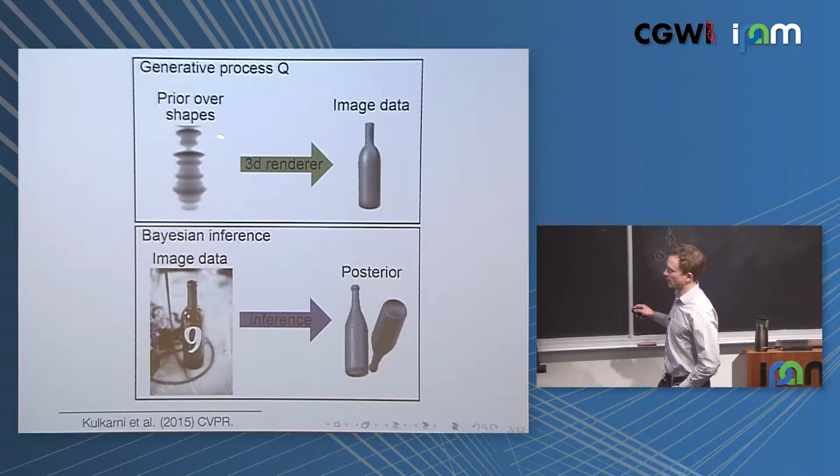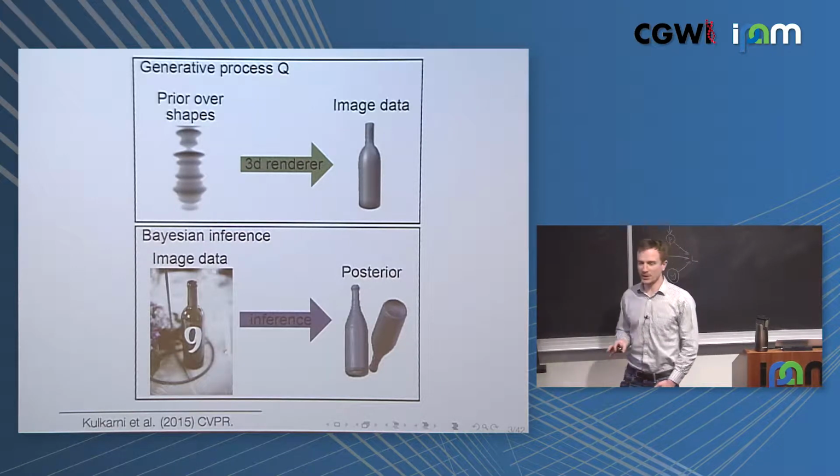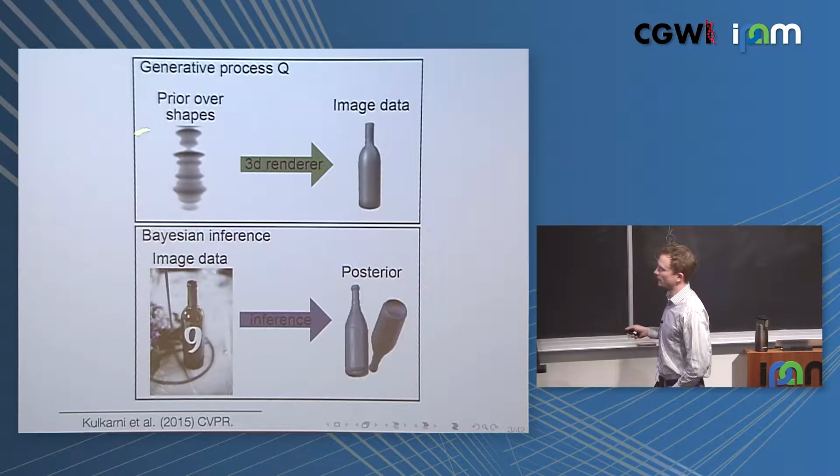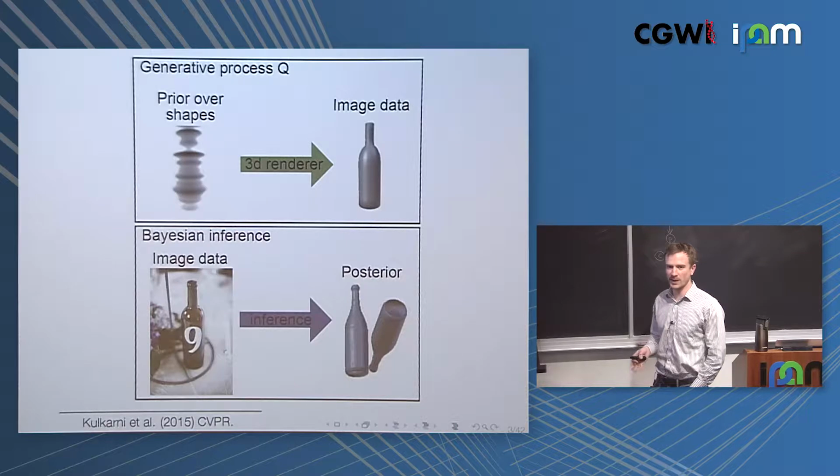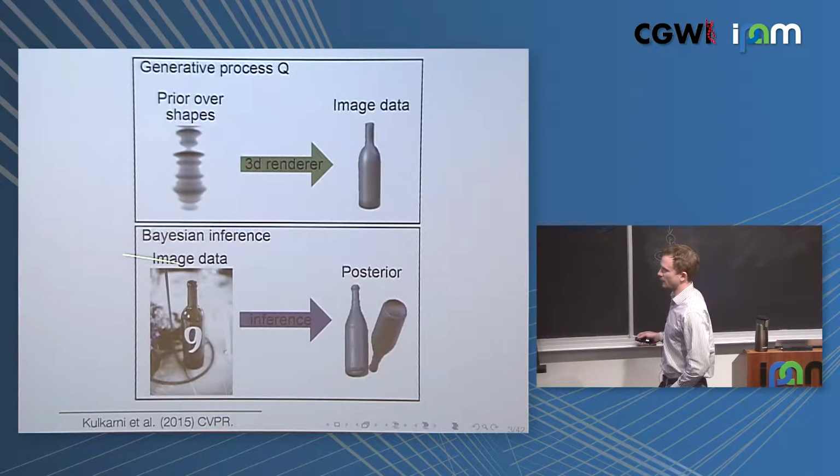In this case, it's a Gaussian process that gives you the profile of this shape, and then it's lathed in 3D and given some spatial position and orientation, and then that 3D object is passed through a renderer to give you a 2D image, and that would be the data that you observe. This is a much more complicated stochastic process than we normally think about, but modern Bayesian inference methods can take that image data and do inference to ask questions like what was the shape that generated this data.